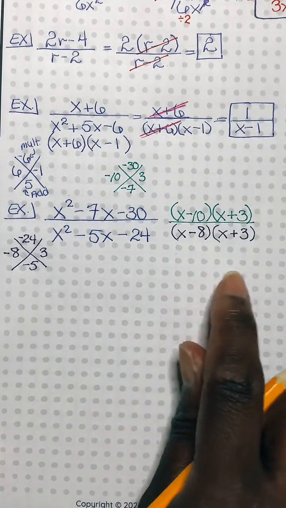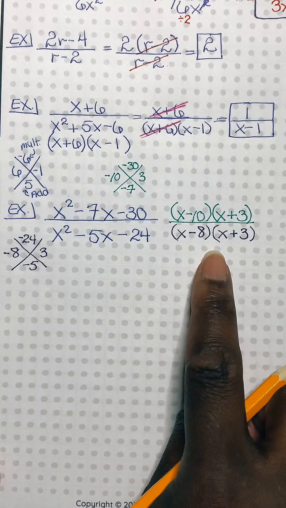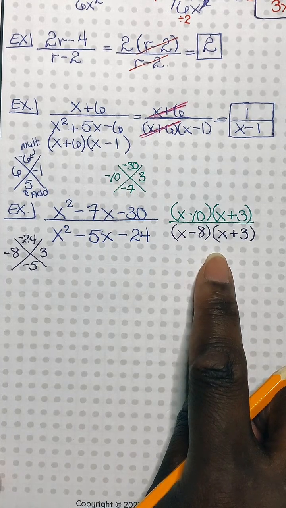I think that was from before. Okay, 2 more steps. Okay, what's one of them? x minus 10 at the top and x minus 8. Okay, I'm assuming at the bottom.